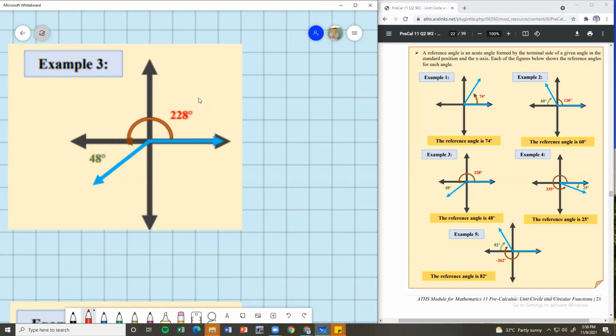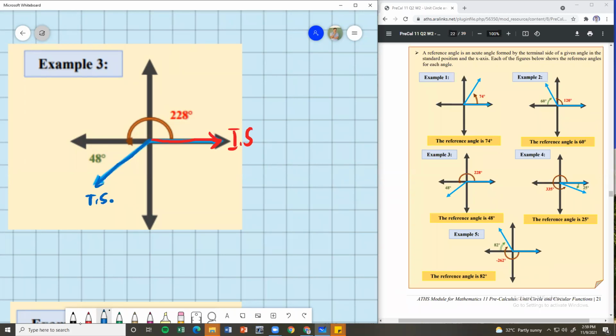Okay, ready? This is now our angle. This is our initial side. Ito ang initial side natin. And this is our terminal side.